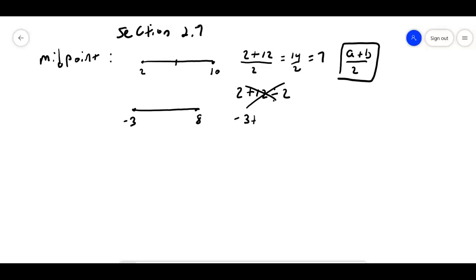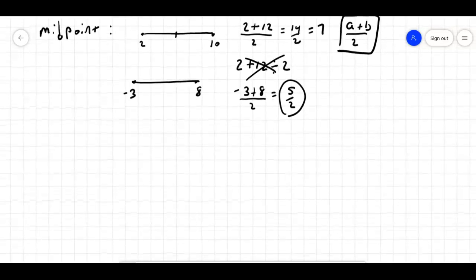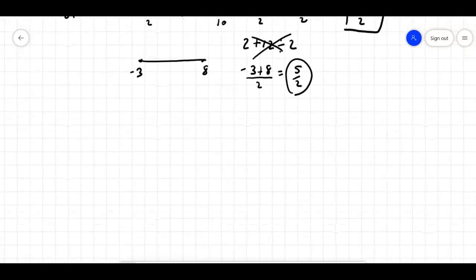So I just do the same thing, negative 3 plus 8 over 2, 5 over 2, and you could just leave it like that. That's fine. So that's the midpoint for a one-dimensional case.